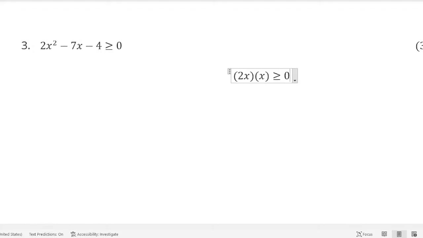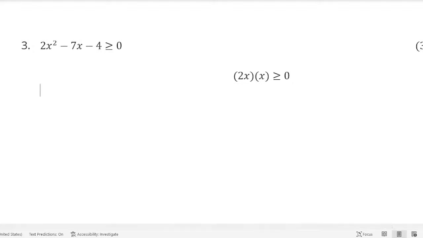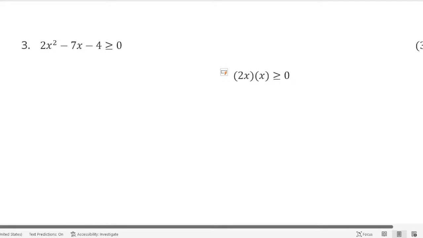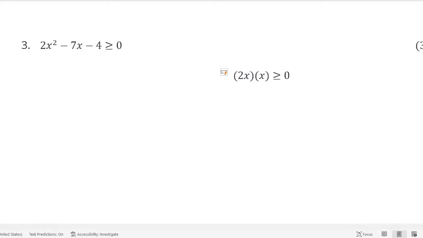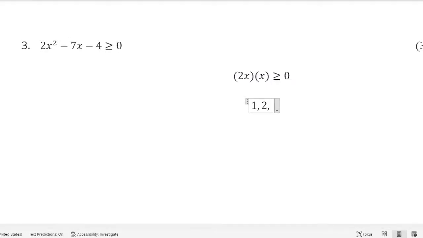Then factors of 4 is 1, 2, and 4, right? So which factors should we choose here?